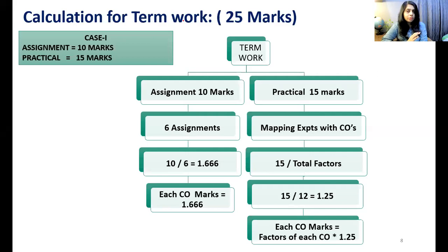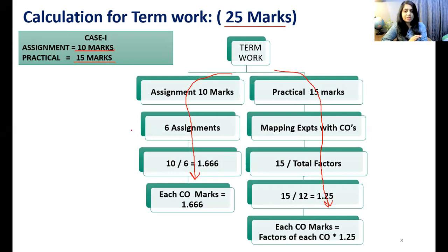Now, next, what we did, calculation for term work for 25 marks, we have done. Suppose assignment is 10 marks and practical is 15 marks. So for the 10 marks assignment, the procedure is like this. And for the 15 marks practical, the procedure is like this.